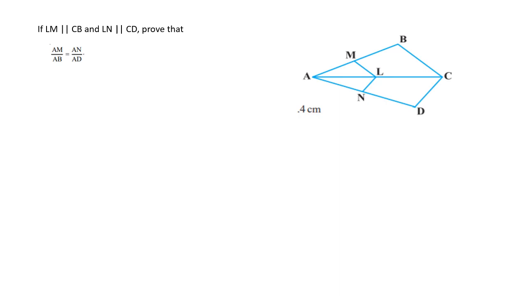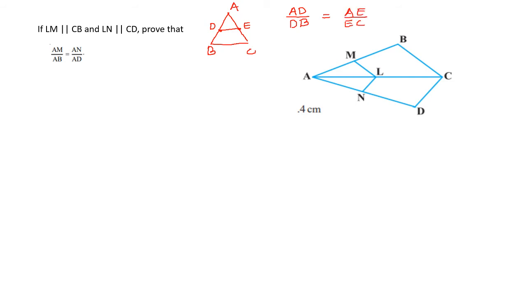Now children, before we do this problem, I want to tell you one more thing here. Whenever we take a triangle as per BPT, this is ABC, the triangle is ABC. Then I told you, if we draw DE here, parallel to BC, then AD by DB is equal to AE by EC.